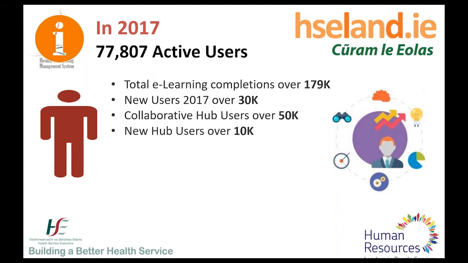During 2017, we had a total of, as you can see there, just under 80,000 active users. Now, active users means people who have been in to do something on HSELanD within the previous 6 months. All told, actually, we've had many multiples of that. Well over 150,000 people have used HSELanD since it first began in late 2004 and early 2005.